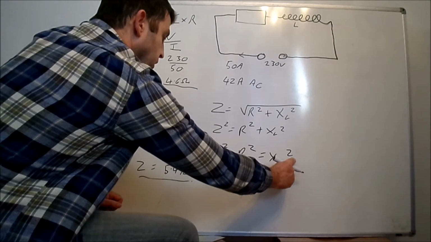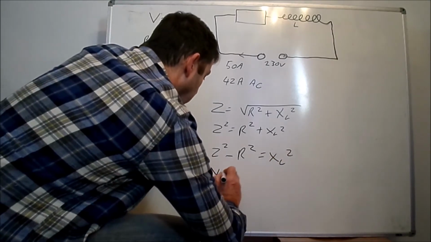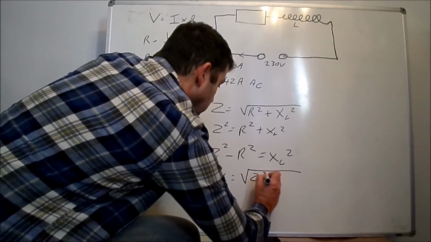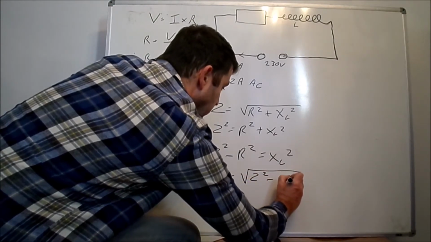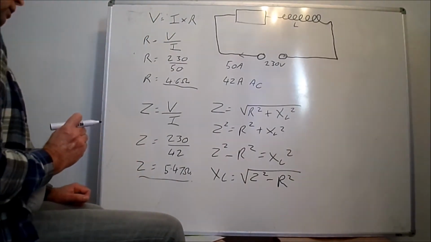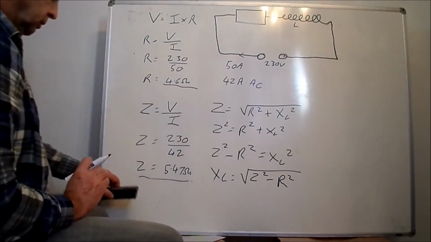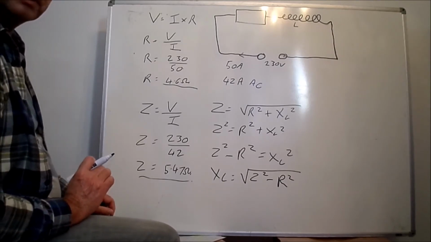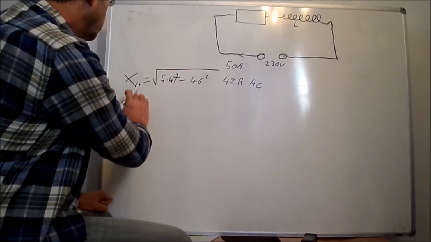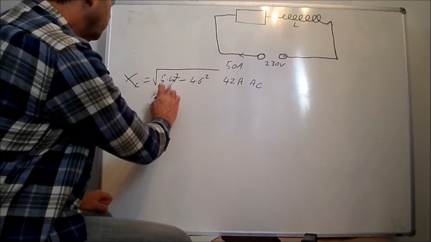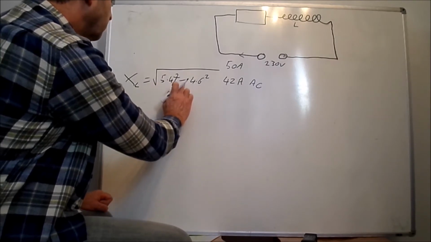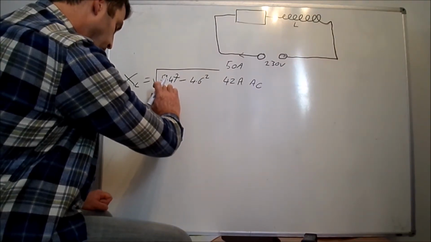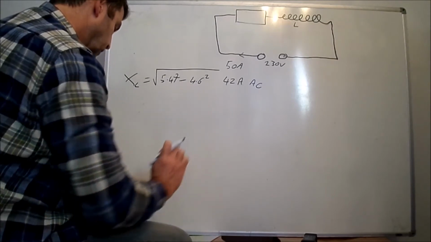And then to get rid of that square, we can say XL is equal to the root of Z squared minus R squared. Okay, so I'm going to clean this off, and then I'm just going to pop the numbers in. XL is equal to the root of 5.47 squared minus 4.6 squared. So that's the impedance minus the resistance.